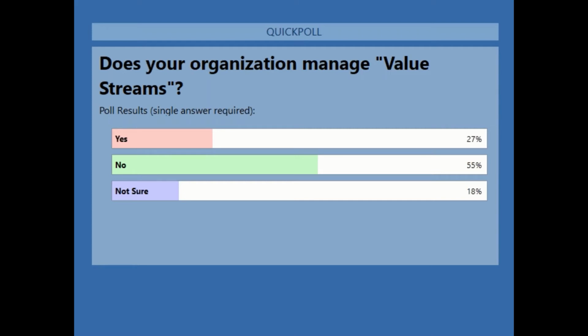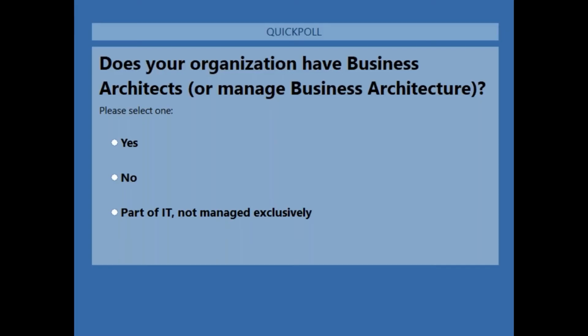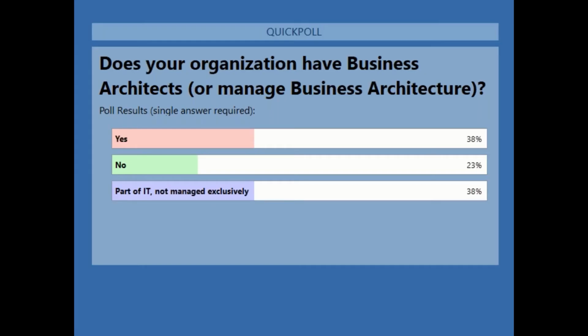And then finally, one more, just to see if everybody's awake. Does your organization have business architects or manage business architecture? So I would say this is encouraging because if we combine the yes and then the part of IT not managed exclusively, I'll take that as a representation of business architecture within your organization.